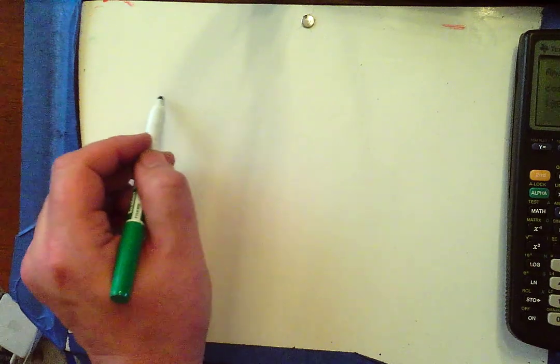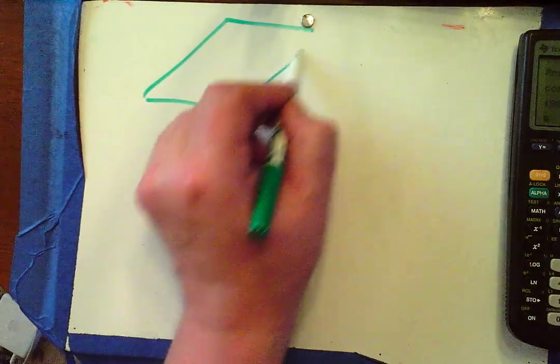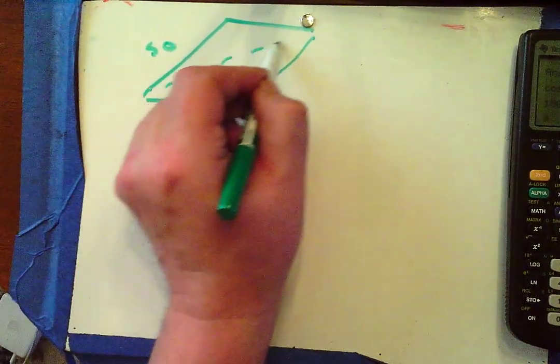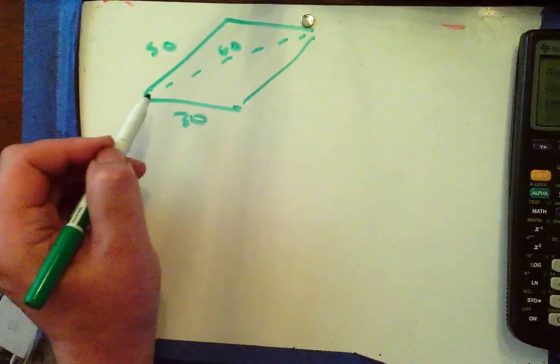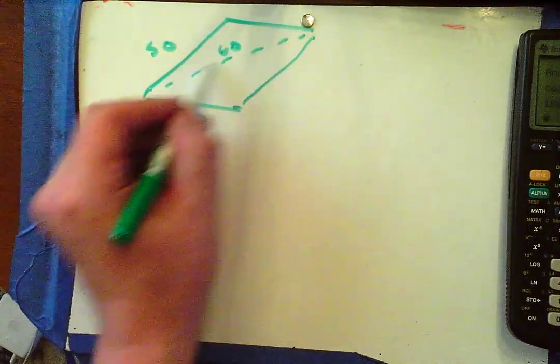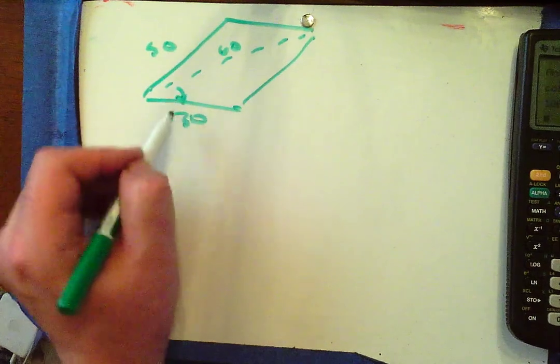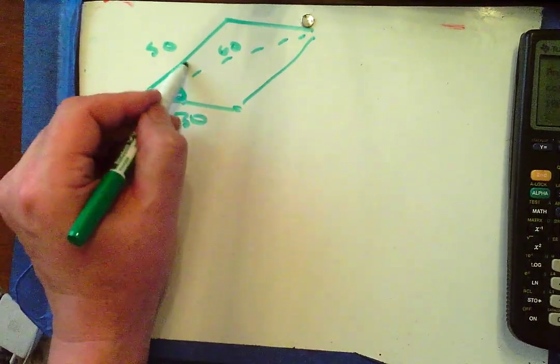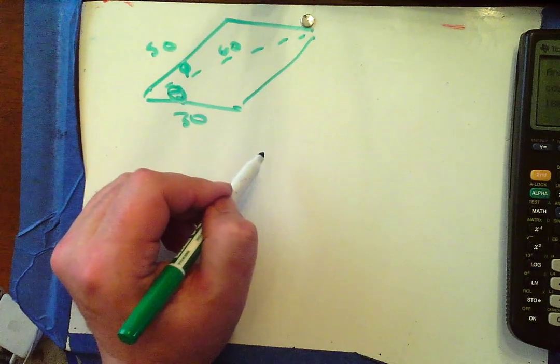And we've got 30, 50, and the result is 60. And they ask the question, what angle does the resultant force make with the original force? So I want to find this angle, and I want to find that angle.